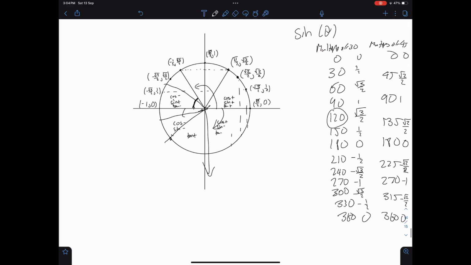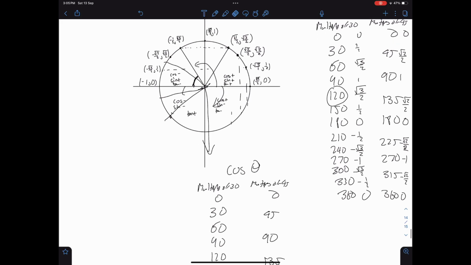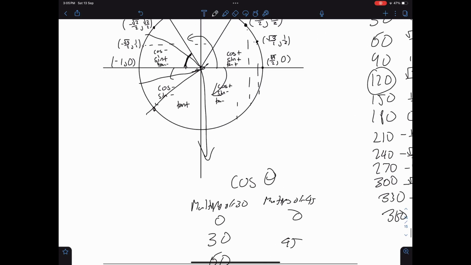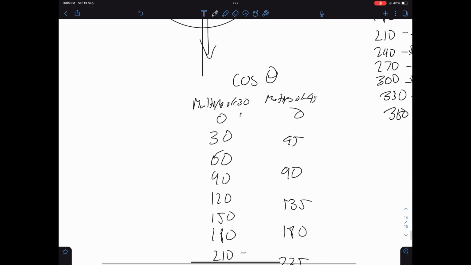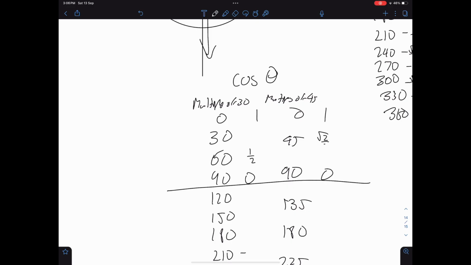And now if we look at it for cosine of theta, if we just keep on punching with this one, at 30, we'll fill in the acute ones we know. It starts with 1, and then it goes up to, well, we know it goes from 0 here, and then it goes up to half, then root 2 over 2, then root 3 over 2.